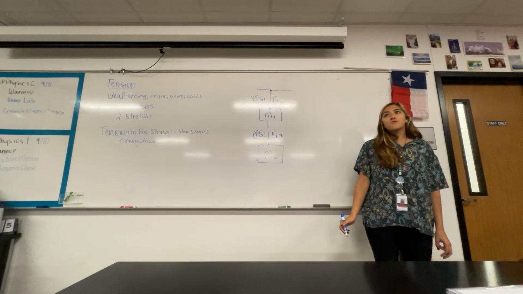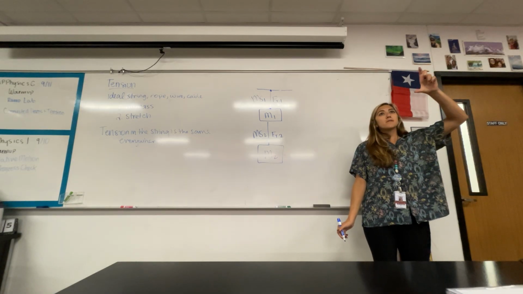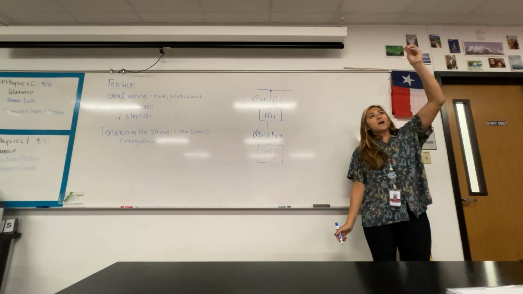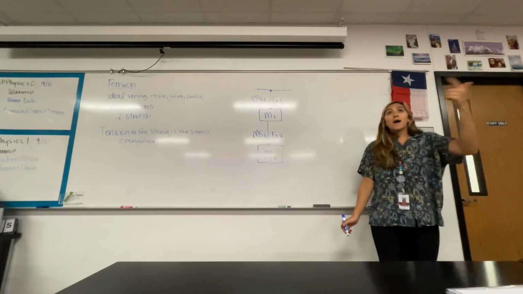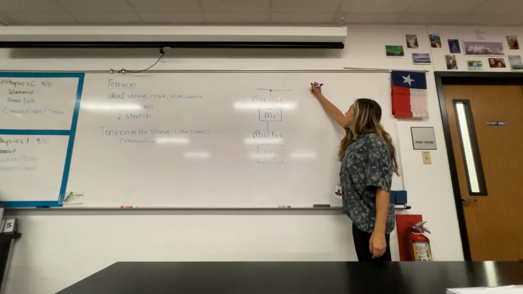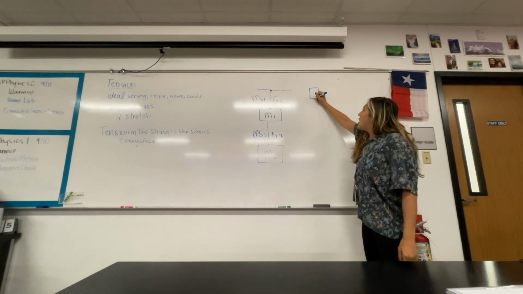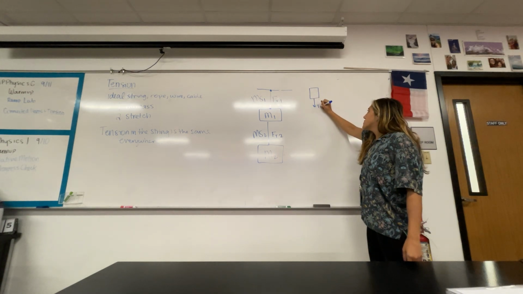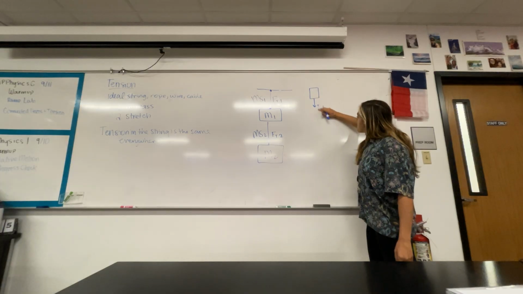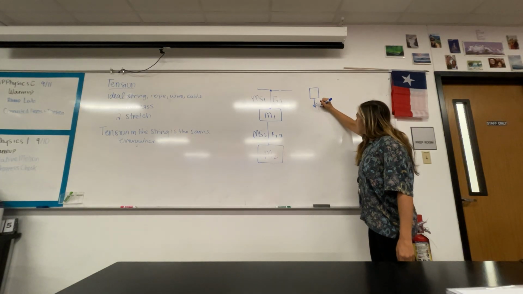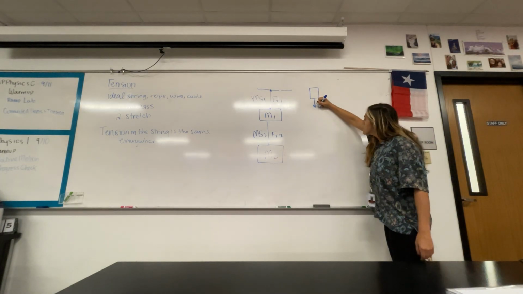What's the tension in the rope between those two points? What's the tension at the top and the tension at the bottom? So we'd have to think about this. If I draw a free body diagram for this first spot, it has all of FT1 pulling on it. All of FT1.